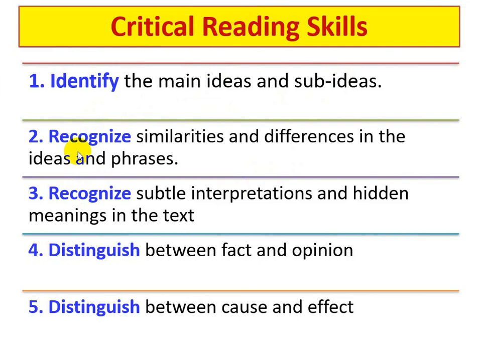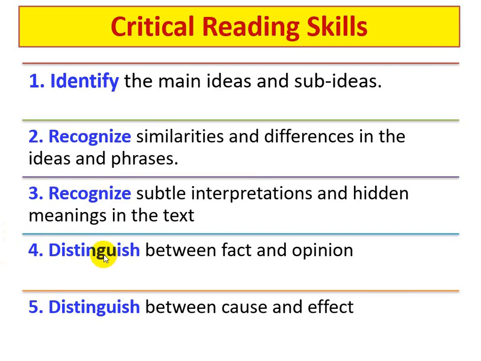Number two, to be able to recognize the similarities and differences in the phrases, in the structure, in the ideas, whether they are primary ideas or secondary ideas. Number three, to be able to recognize the subtle interpretations and the hidden meanings in the text, to be able to recognize these subtle or unclear or hidden or implied meanings or interpretations behind the lines of the text.